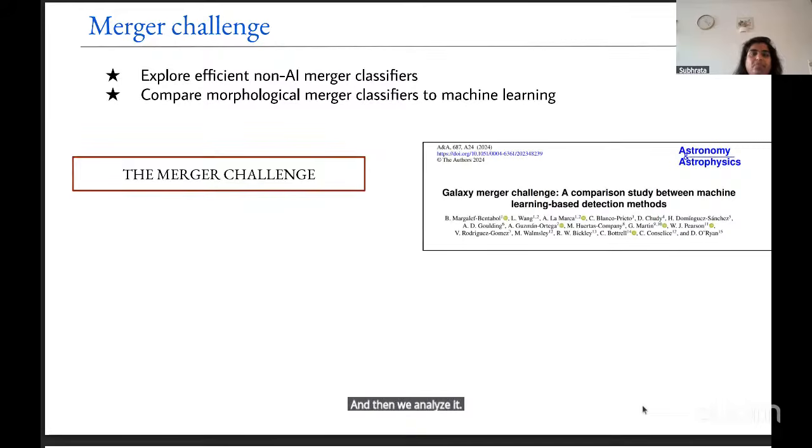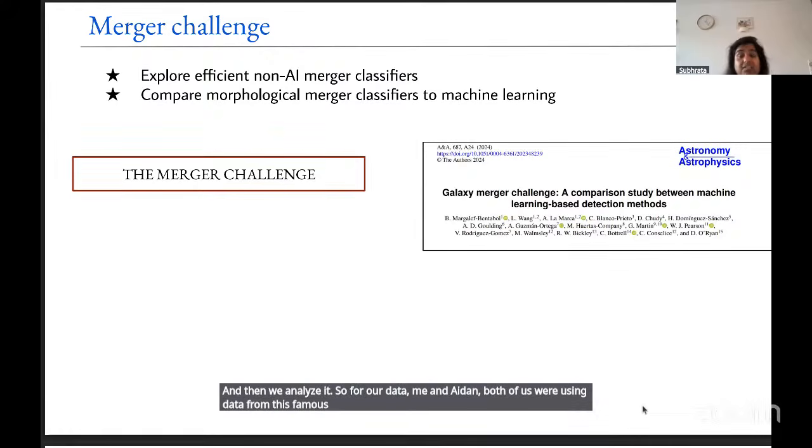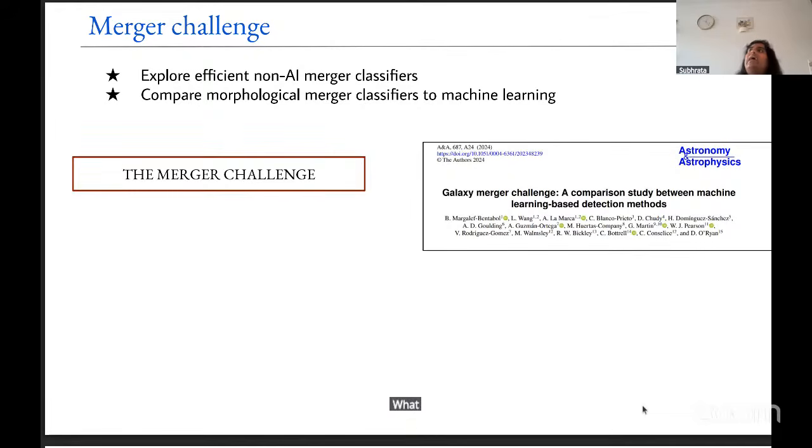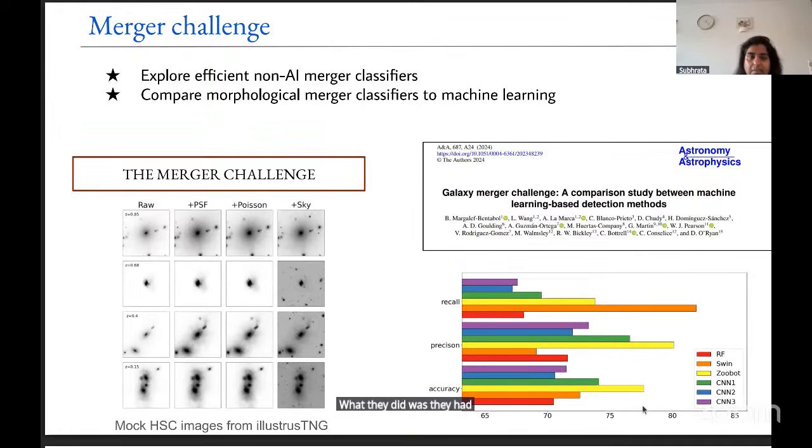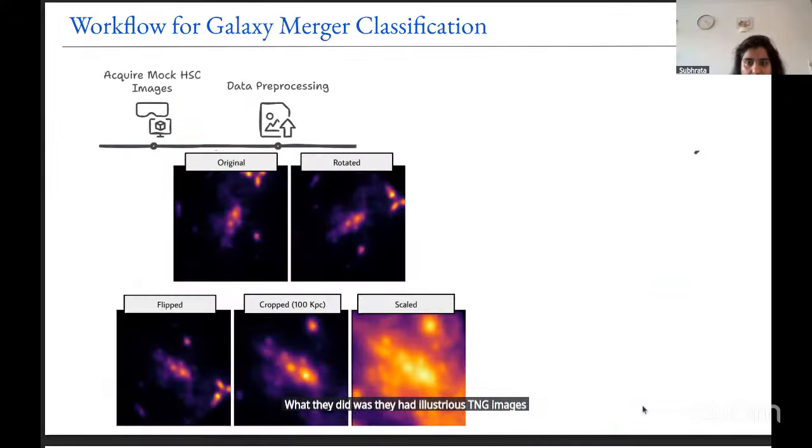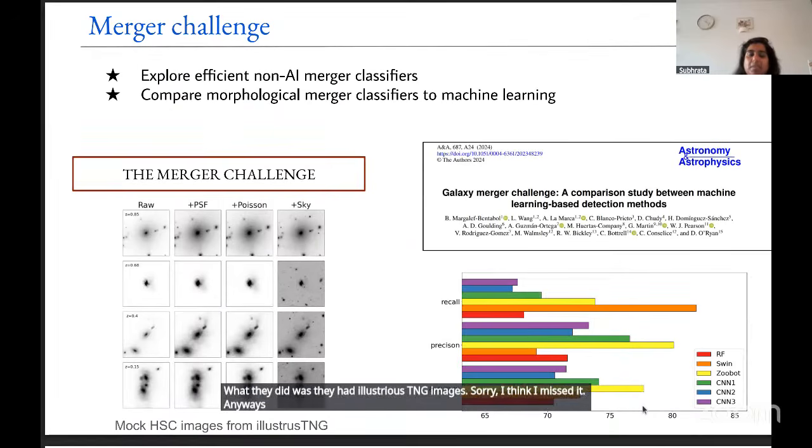For our data, Aidan and I were both using data from the famous Galaxy Merger Challenge, which was led by Berta Margalef-Bentabol from the Kapteyn Institute, Netherlands. What they did was take IllustrisTNG images, mocked for HSC-type observations.